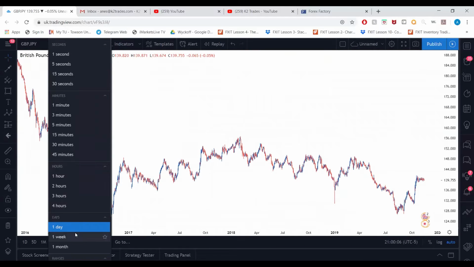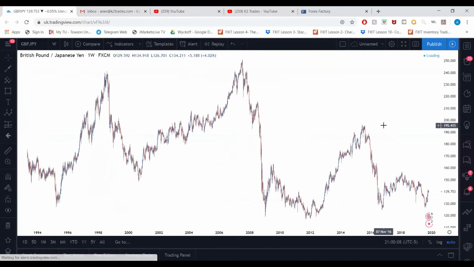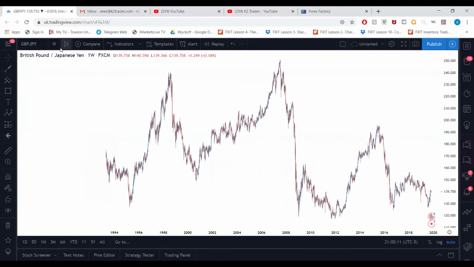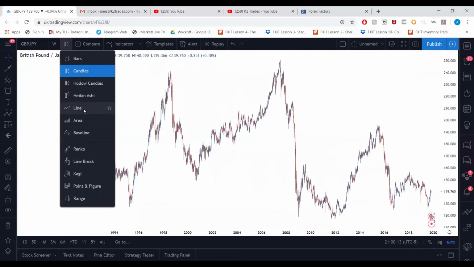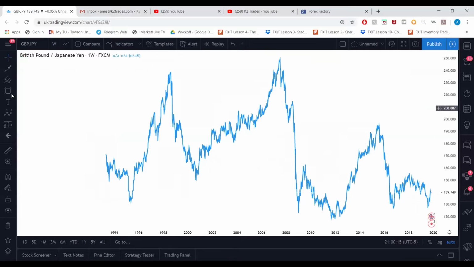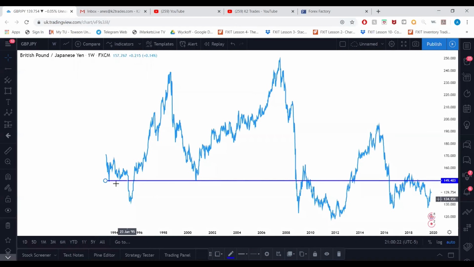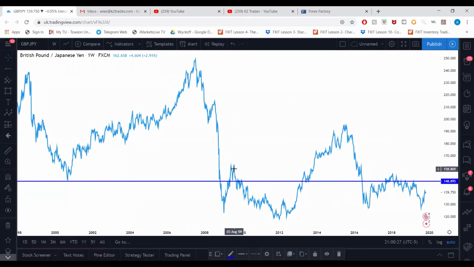Let me see the weekly. Obviously, that's a really strong zone. Look at those turns. But so it's this, and that's going to be our weekly support.